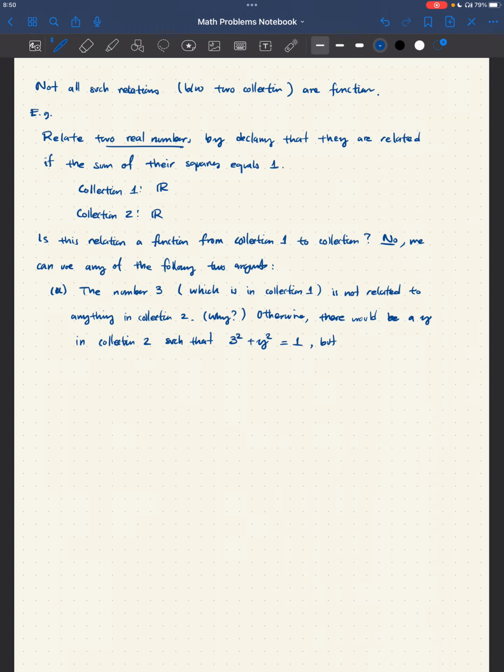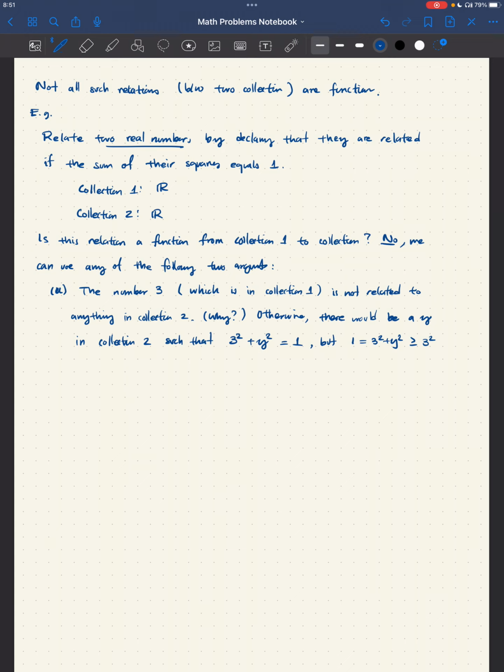But 1 would be equal to 3 squared plus y squared, which in turn would be greater or equal than 3 squared, because we're just squaring real numbers, and when you square a real number, it becomes 0 or positive.